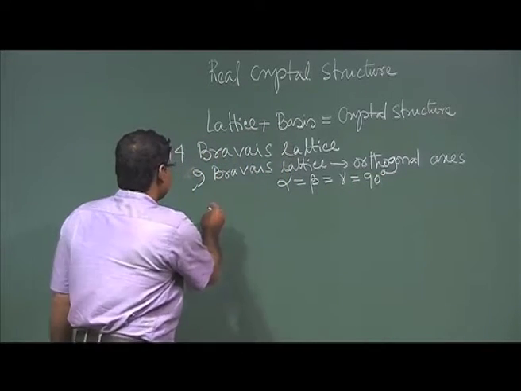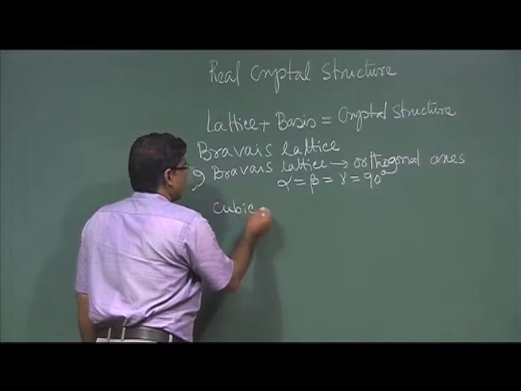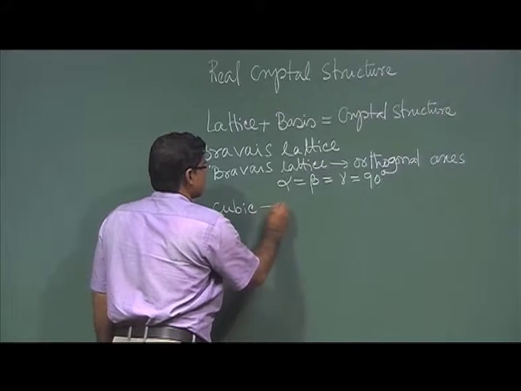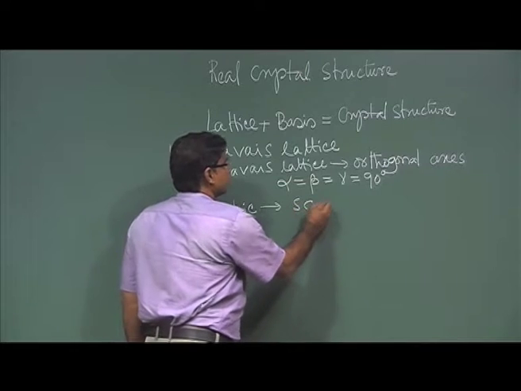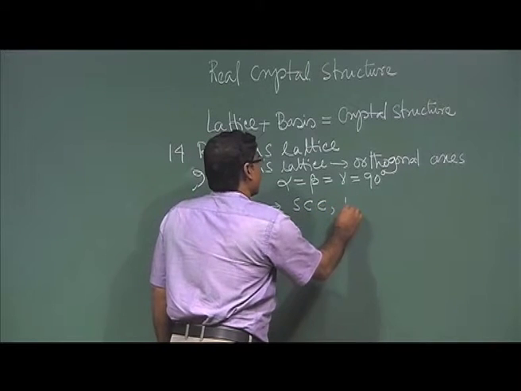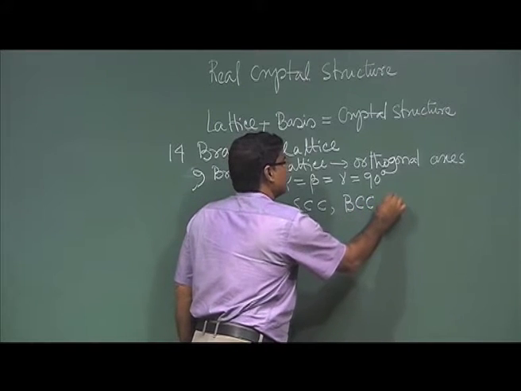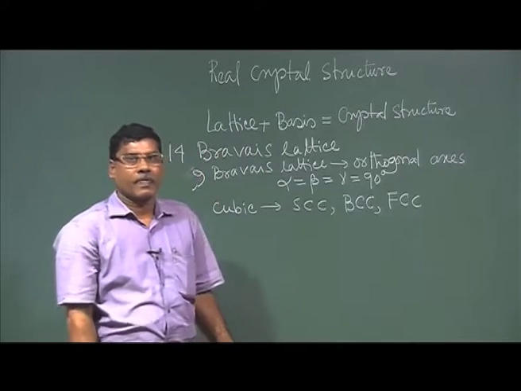So, basically this cubic crystal system has 3: simple cubic, body centered cubic and face centered cubic, right.